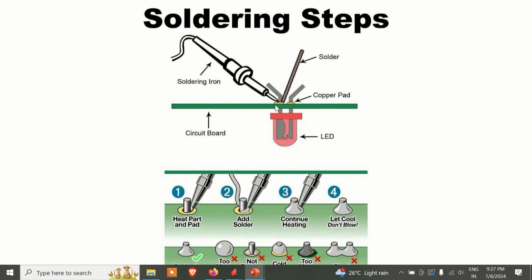Move this solder metal on the pad so that all 360 degrees, all the sides, the metal should flow. Please understand, it should flow, it should be in the liquid state. So how to bring the liquid state? Once you solder it, remove the solder and keep the tip on the pad for at least a fraction of a second, so that the metal on all four sides is converted from solid to liquid state and it will settle down.